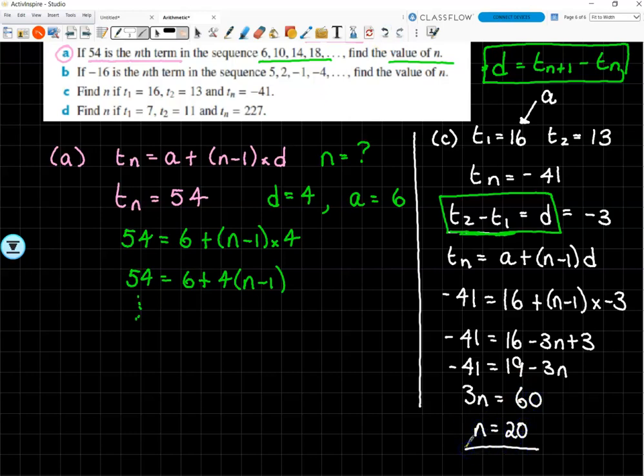Huzzah. And we know we're right because n is not a decimal or fraction, it's a whole number.